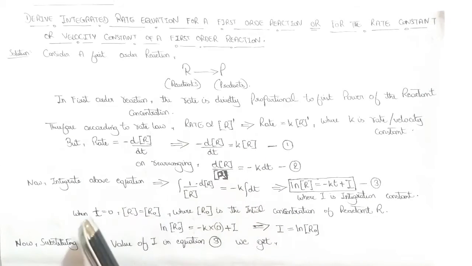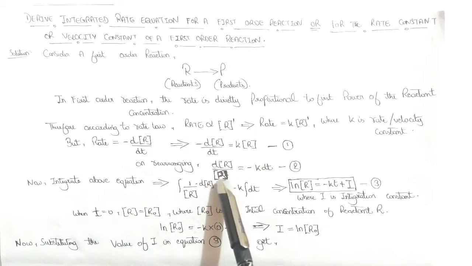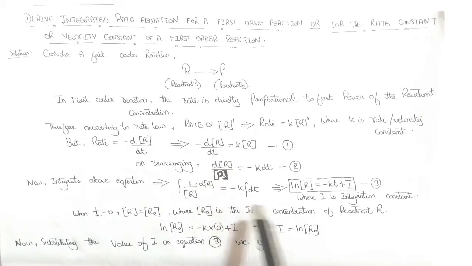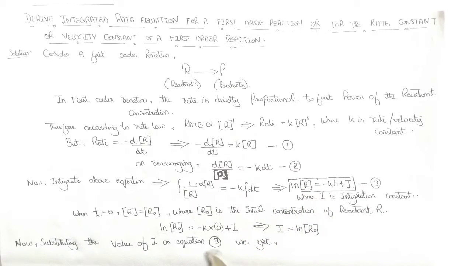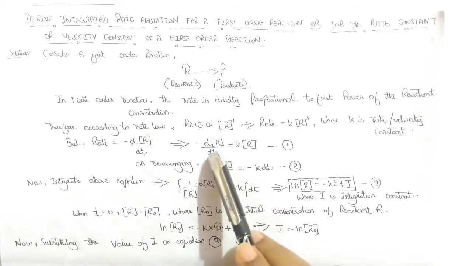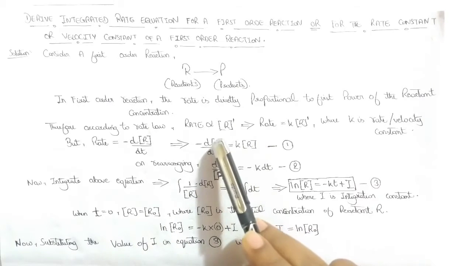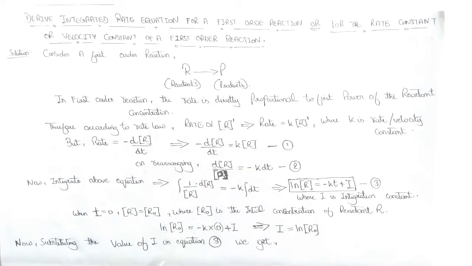Why we do this process is because the integration of this kind of term will give you ln of the term, that is here the term is the reactant concentration. Therefore we will rearrange such that dt goes to the other side, and the term inside this d will be in the denominator. d of reactant concentration over reactant concentration will equal negative K dt.